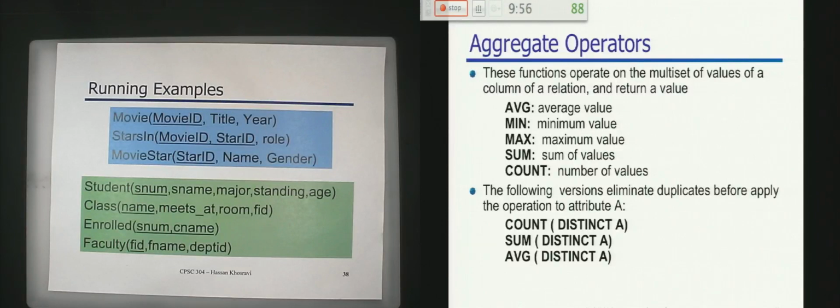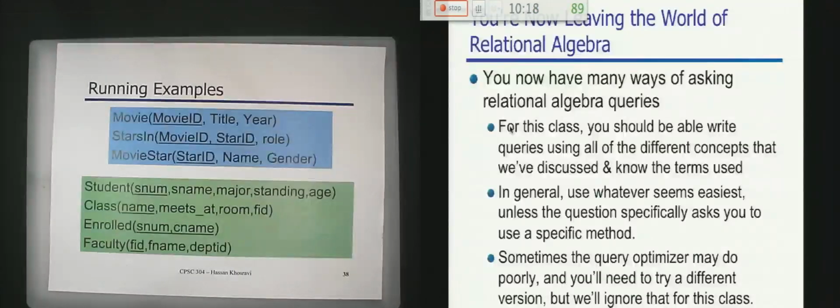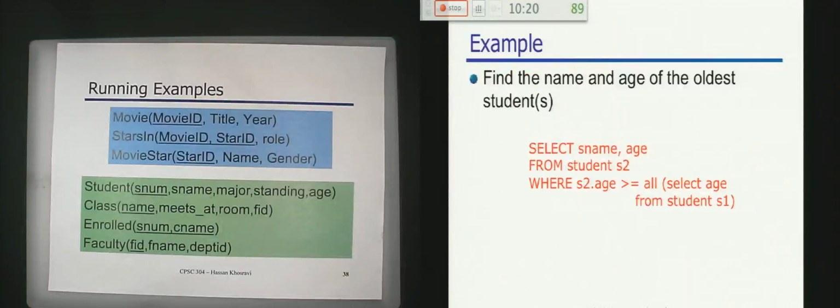Now you can have aggregate operators, such as average, min, max, sum, and count, that you might want to use inside your queries. Okay? So I want to be able to say, find me the average age of students, or what's the maximum? Now some of these, we were basically implementing ourselves here.